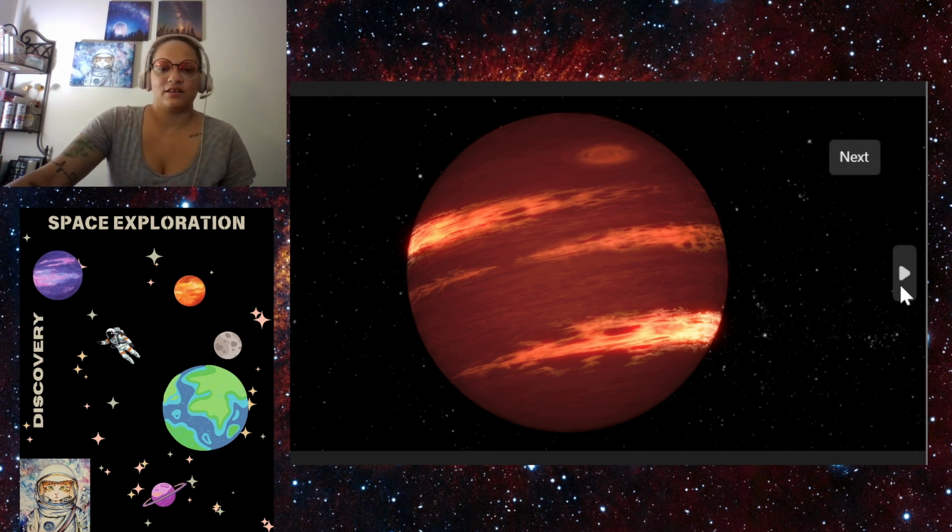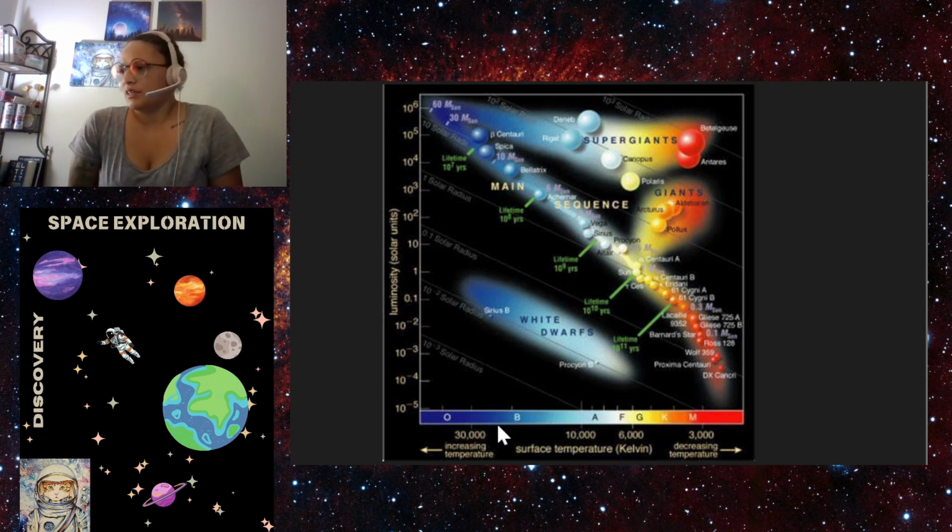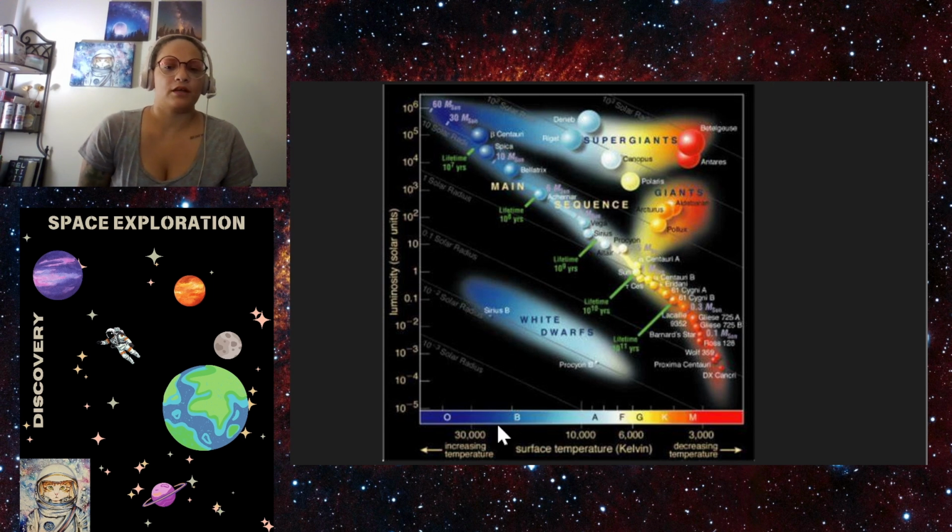If you look down at the bottom, these letters: O, B, A, F, G, K, M. Brown dwarfs occupy M, L, Y, and T type. As you can tell, only the M is on here. So that little bit down towards the bottom is one level of brown dwarfs.